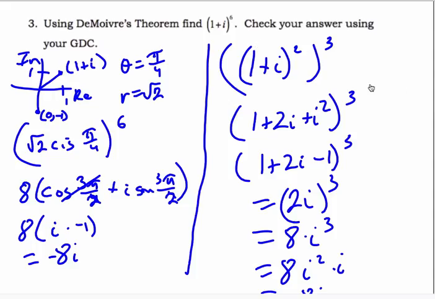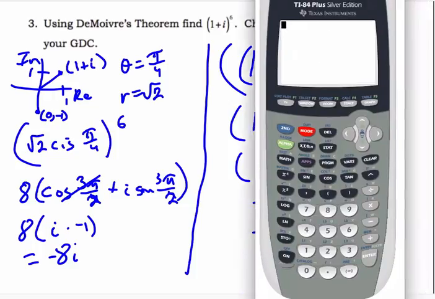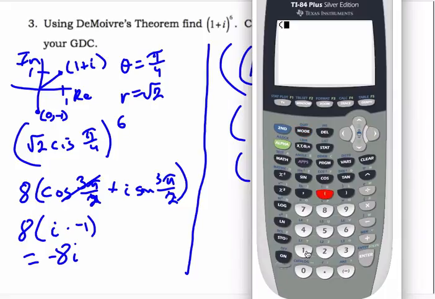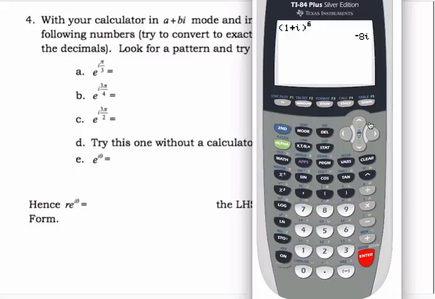We can check our answer from here. Okay, so if you type in (1 plus i) to the power 6, you see you get negative 8i like we got manually.